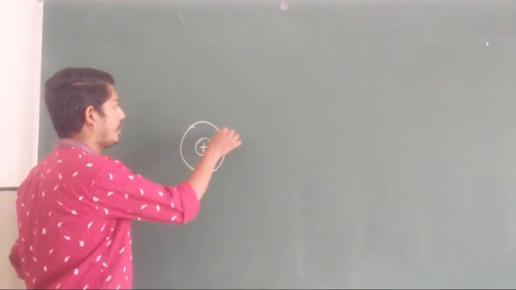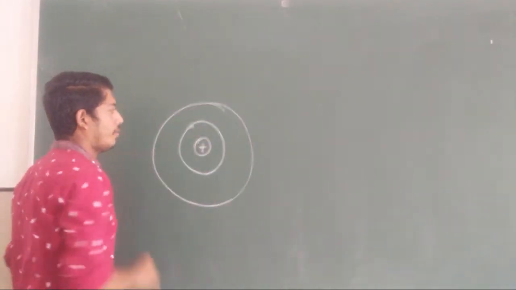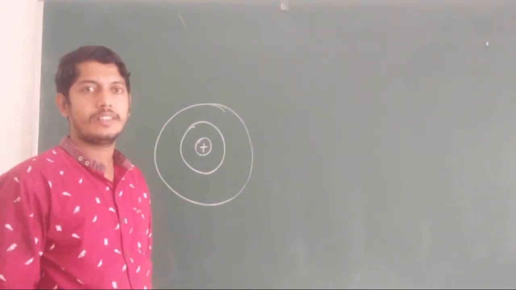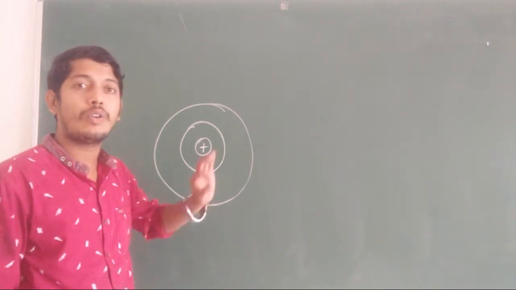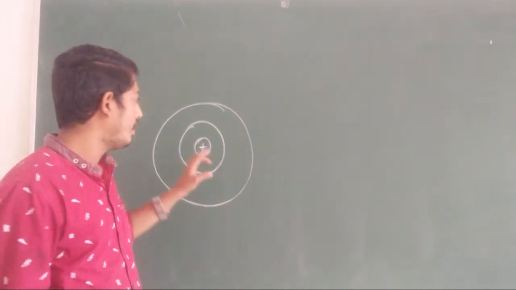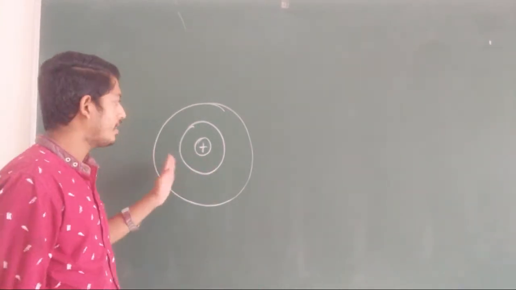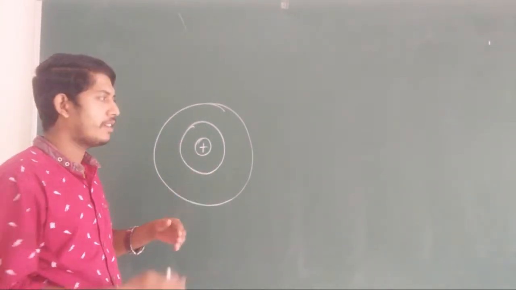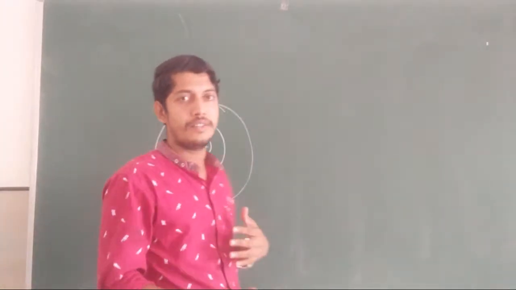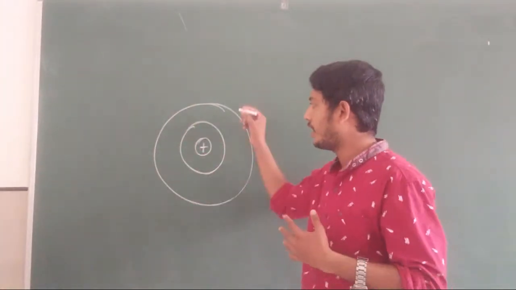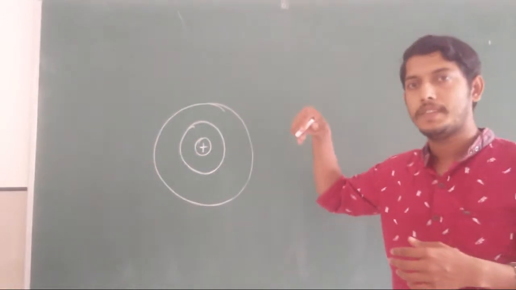It has many shells, for example the K shell, and in each shell the electrons revolve around the nucleus. In this example I will consider two shells, which are arranged based on the formula 2n squared.